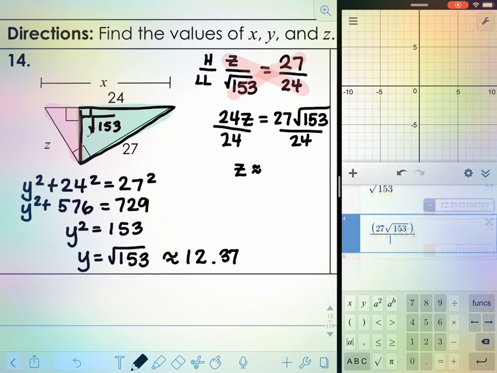We want to take all of that and divide it by 24. And that gives us around 13.92. So far we have y is about 12.37. Z is around 13.92.